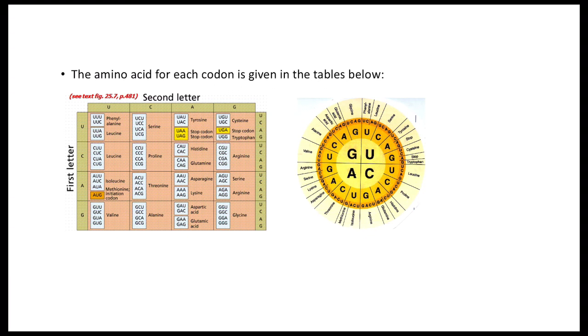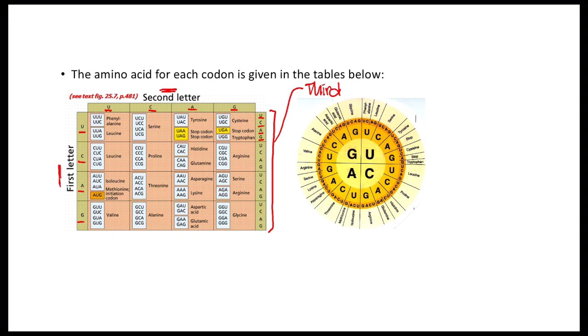On the side here, I've got first letter, second letter, and these over here refer to your third letter. Your first letter could be a U, a C, an A, a G. Your second letter could be a U, a C, an A, a G. And then the third letter could be U, C, A, G, again and again.